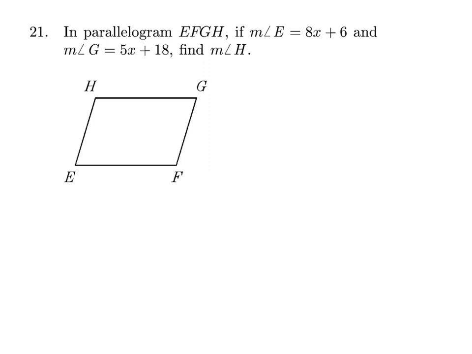All right, in the parallelogram EFGH, it's a parallelogram. Let's label it. If the measurement of angle E is 8x plus 6, and G is 5x plus 18, find the measurement of angle H. Okay, well, I know that these two angles are equal to each other.